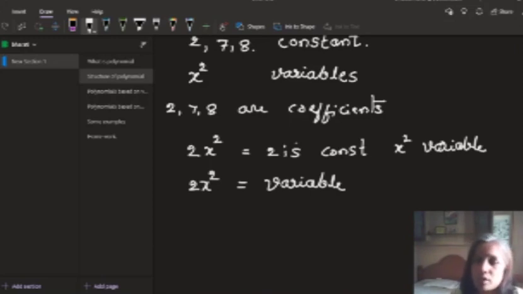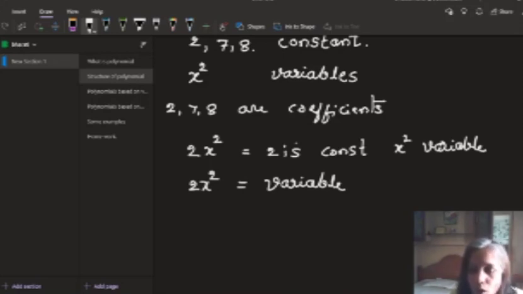It is not constant, because sometimes we say, as it is having a variable, it should be variable, but we also say here 2 is constant. So we have to consider the whole thing as constant? Nothing like that. I'll prove to you how 2x square as a whole is variable.